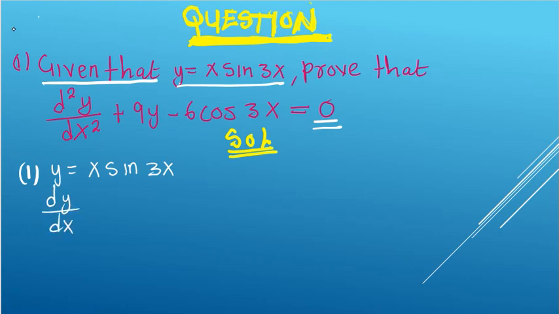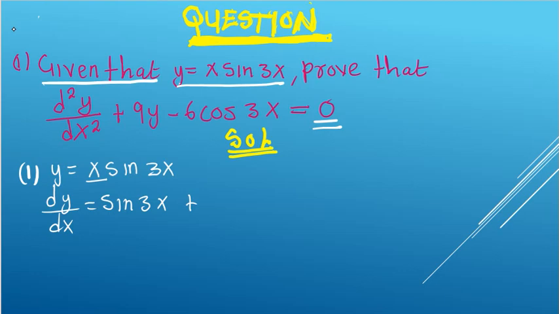over dx is equal to, now remember that this x is multiplying everything. Okay, this x is multiplying sine 3x, so we are going to use the product rule. So with the product rule, first of all, we are going to differentiate this particular part. And of course, dy/dx of x is 1, so we're going to remain with sine 3x plus, then we let this particular sine remain.